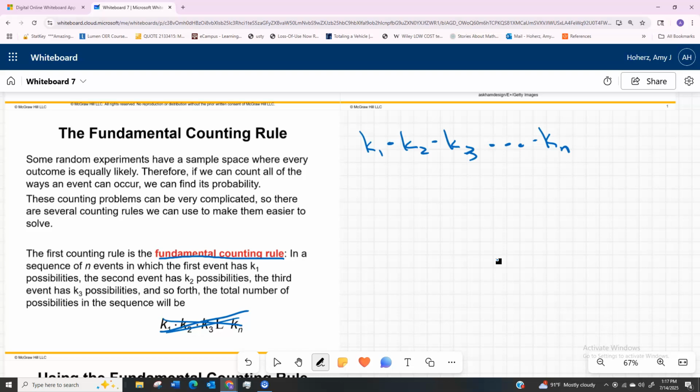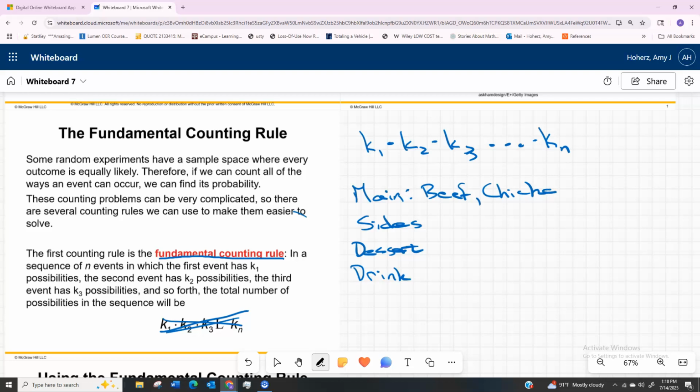You can pick a main dish, 2 sides, a dessert, and a drink. Say there's 3 main dishes: you can pick a beef option, a chicken option, or a vegetarian option.